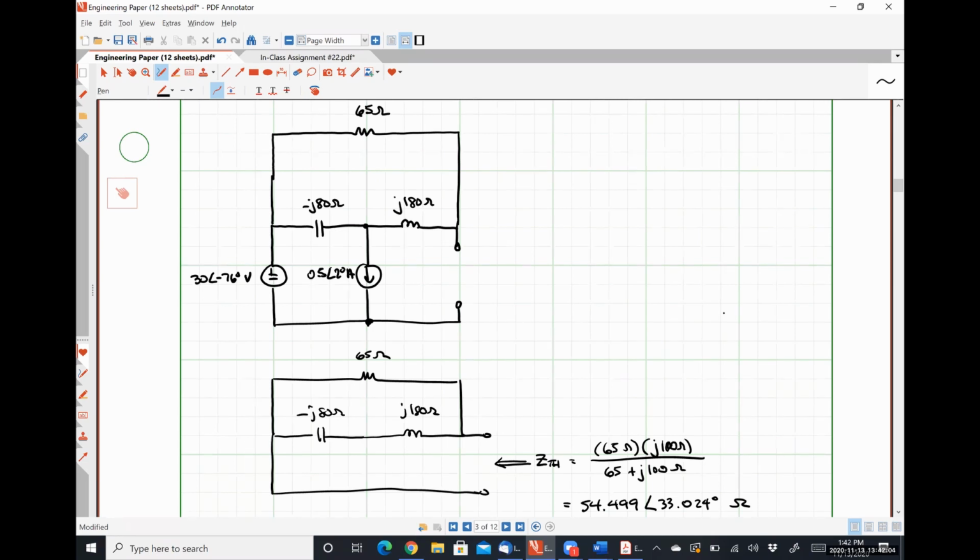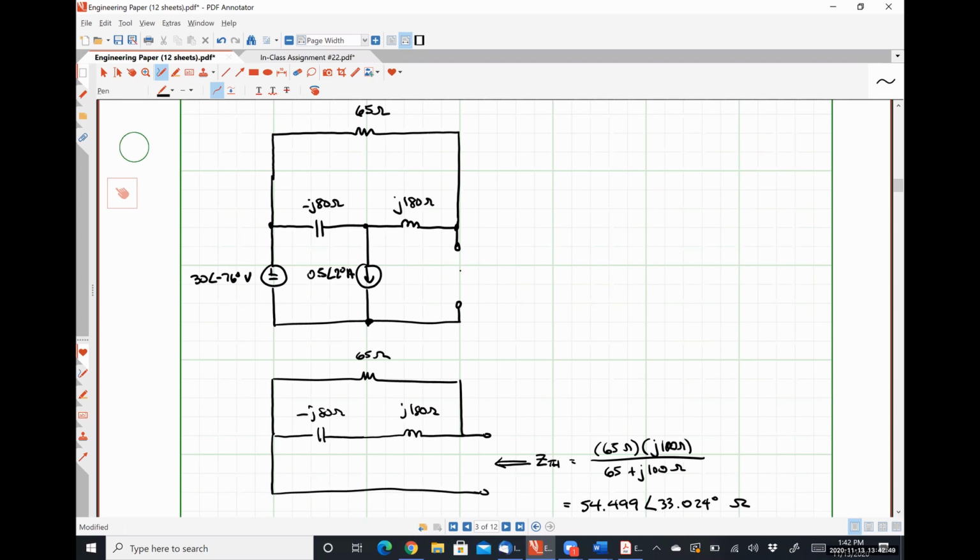So which of those two is going to be less of a pain in the butt? Therein lies the question. I'm trying to think. Obviously, if I short this out and measure that current, that's going to require mesh analysis. There's no other way around that.